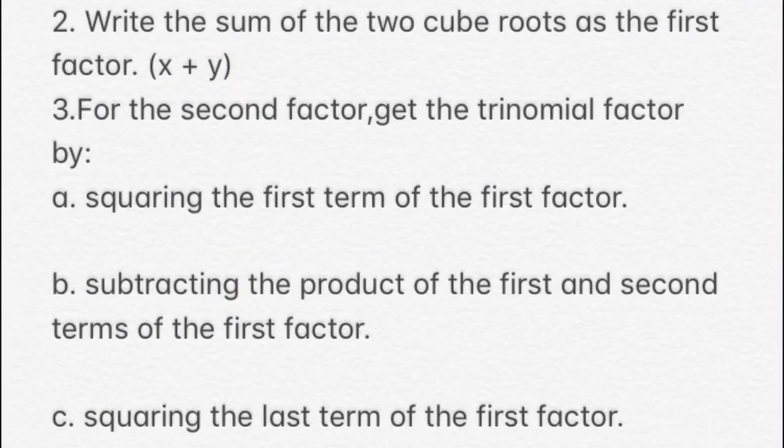Then for the third step, for the second factor, get the trinomial factor by first squaring the first term of the first factor. The first term of the first factor is x, so the first term of the trinomial will be x squared.